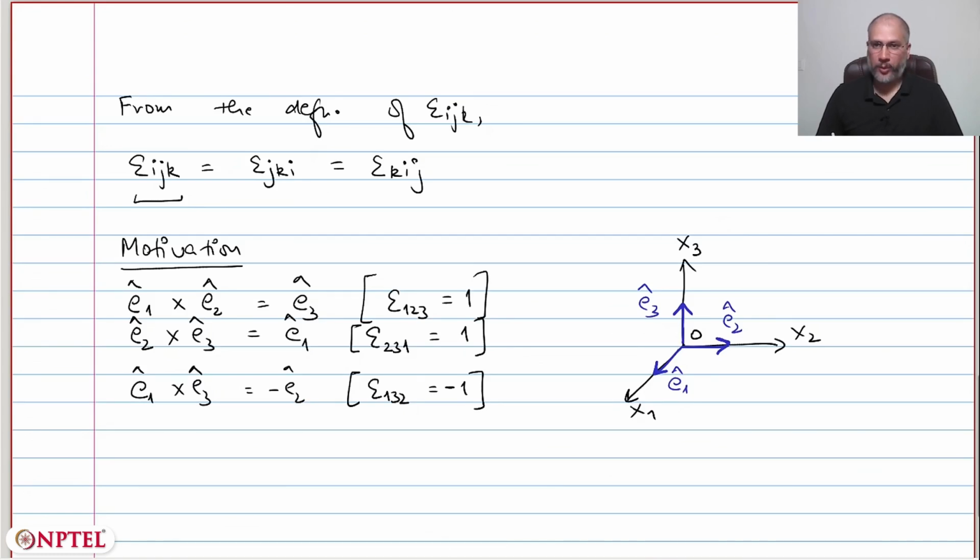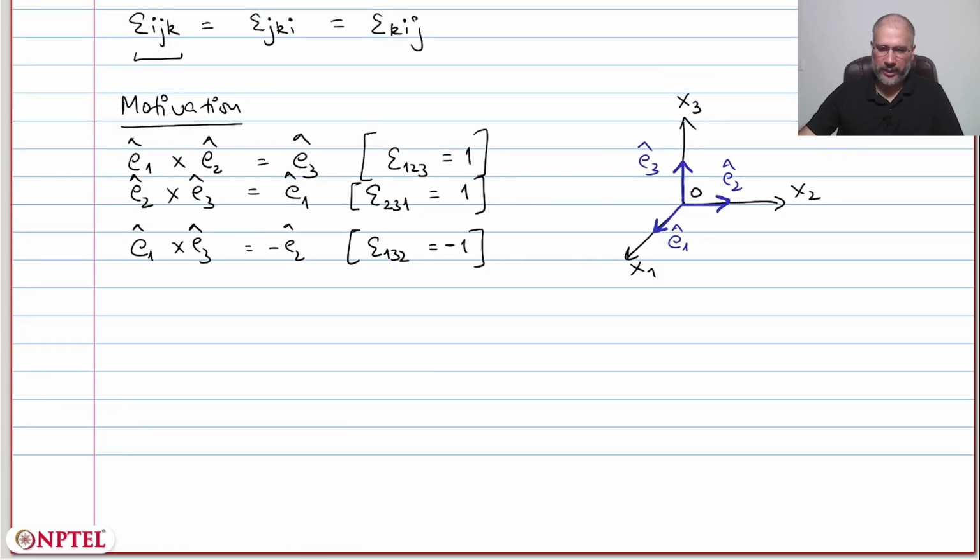And if any two indices repeat, in the sense that if I have e1 cross e1, that's a 0, so that will be a 0. So the motivation of talking about the permutation symbol is basically the vector cross product, but I've just told you through an intuition. We will do it more rigorously now.